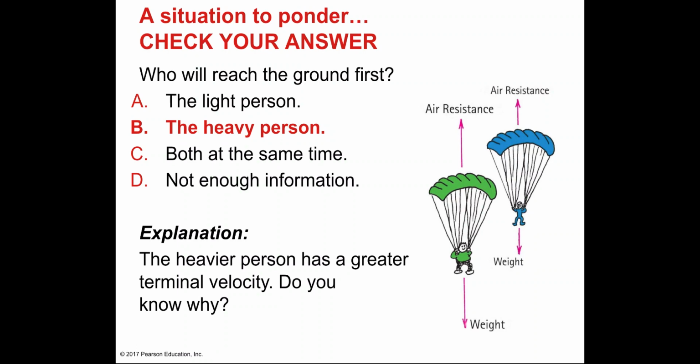And so the heavier person is going to have a greater terminal velocity because it has more weight. So it is going to keep accelerating faster than the person with a smaller weight until a point when it reaches terminal velocity.